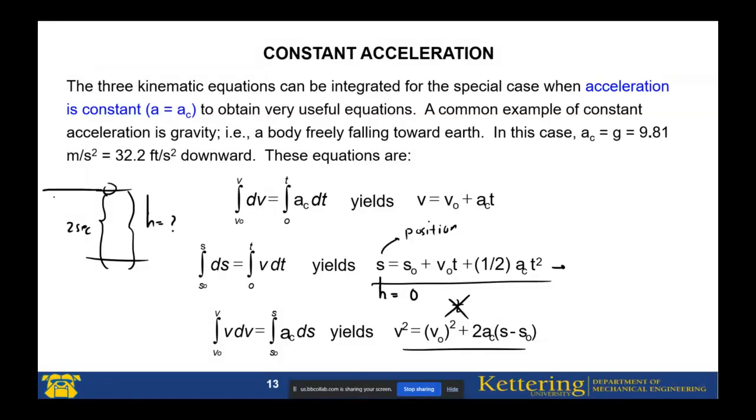If I take the origin from here, the initial position is 0, v0 is 0 because I drop it with zero initial velocity, plus 1 over 2, AC is 9.81, t is 2 seconds, and if you calculate, it's 19.62 meter. Means that if you drop a ball and it takes 2 seconds, the height of the drop is 19.62 meters.